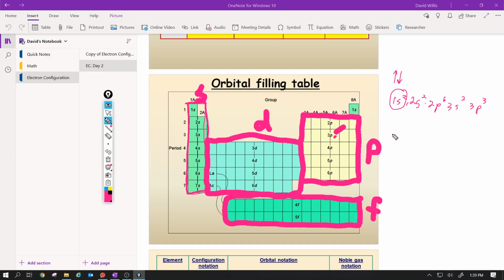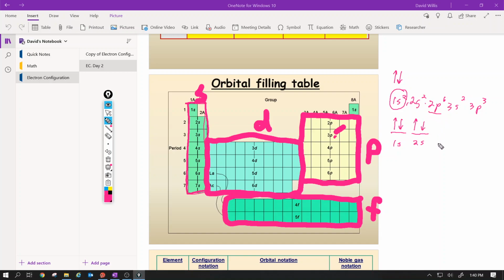I want to show you another visual picture for how this fills in. I'm going to use that line right there to represent the 1s orbital, and it's going to fill up and down. Now I've got my 2s orbital. We'll make another line, and it's going to fill up and down.